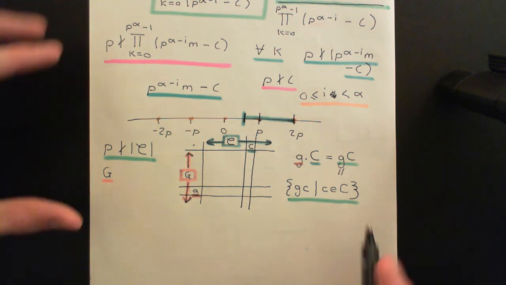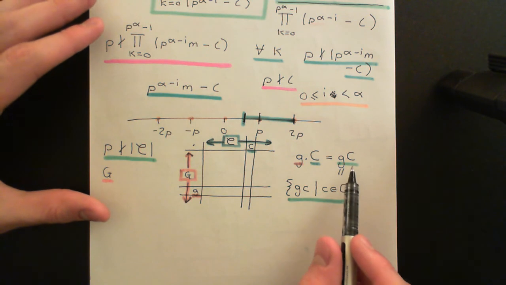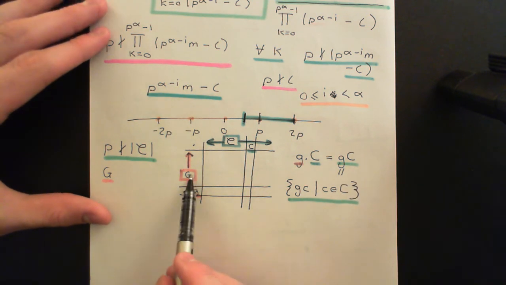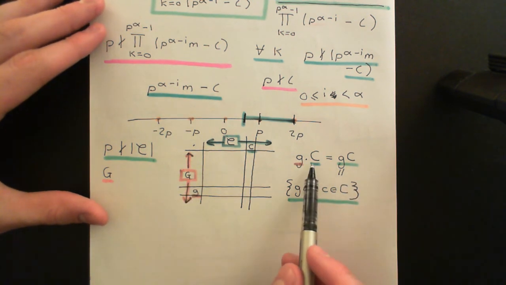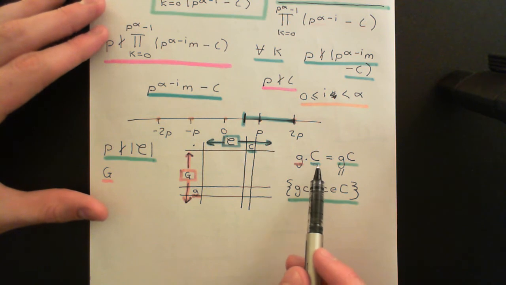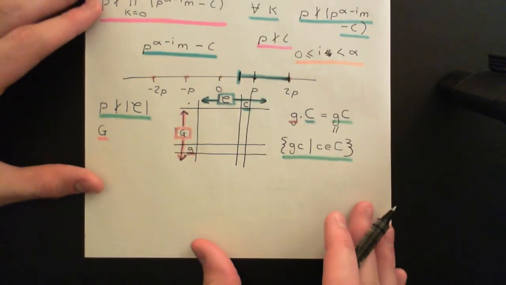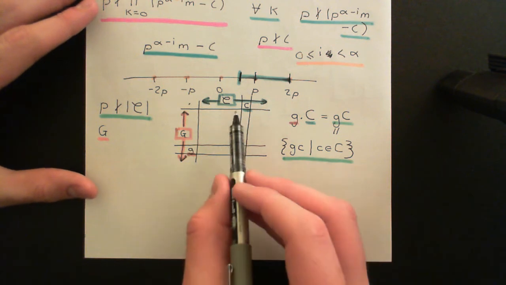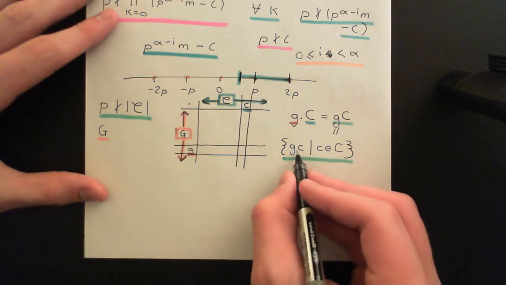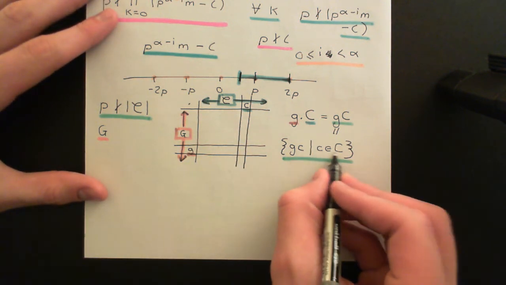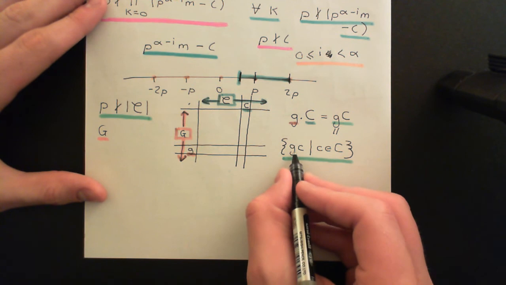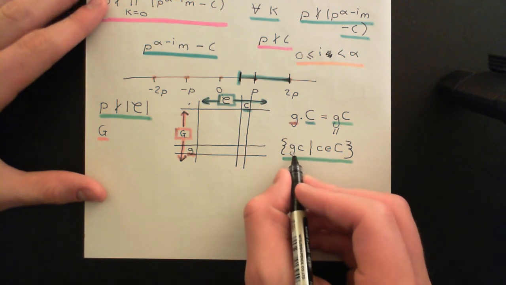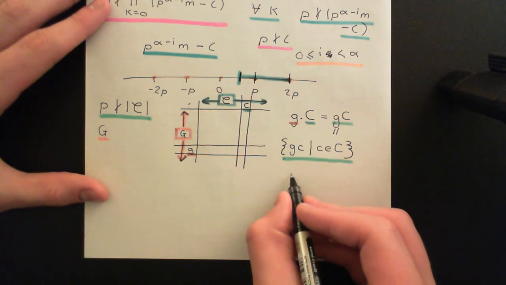So what we'll end up with here is another subset of the group capital G, which has the same order as capital C. It will also have order P to the power of alpha, and the reason it will have the same order as capital C is because we are going through all of the elements of capital C and left multiplying them by this element little g, and all of the answers we get will be distinct answers within the group.